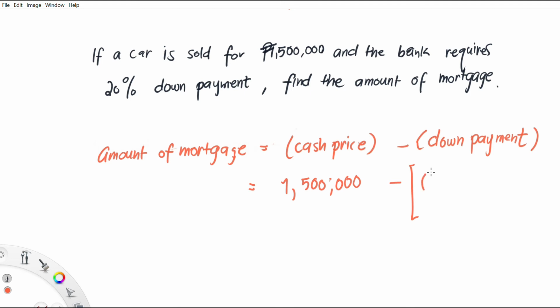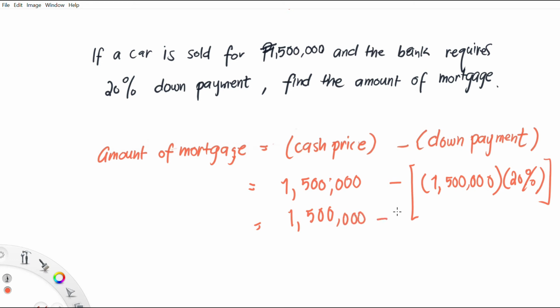So we have 1,500,000 minus 20% of 1.5 million. 20% is 300,000.